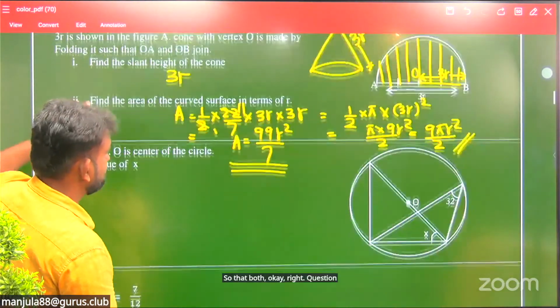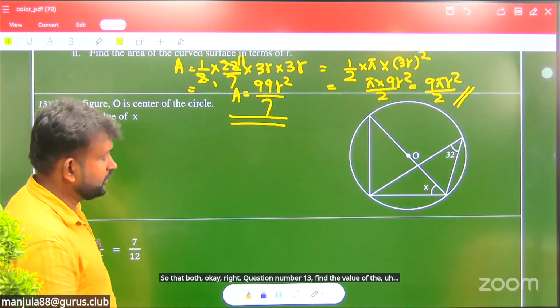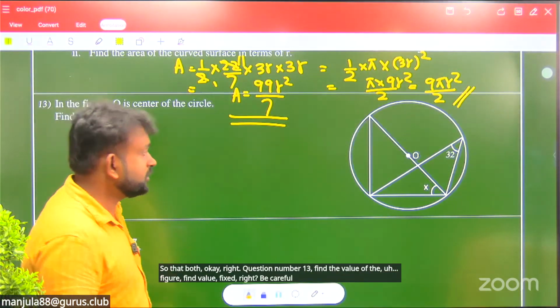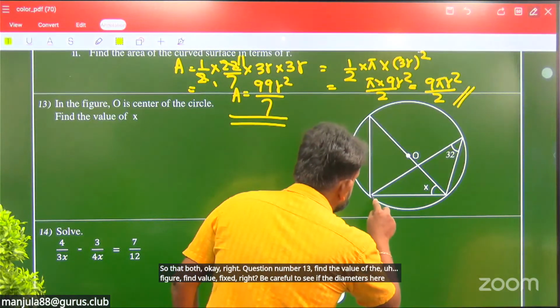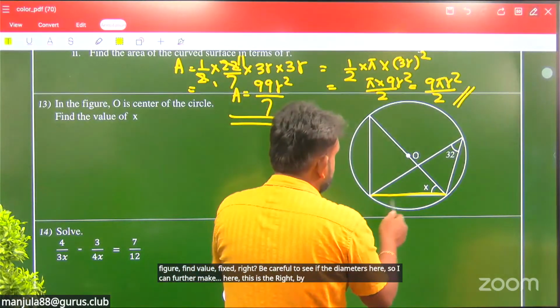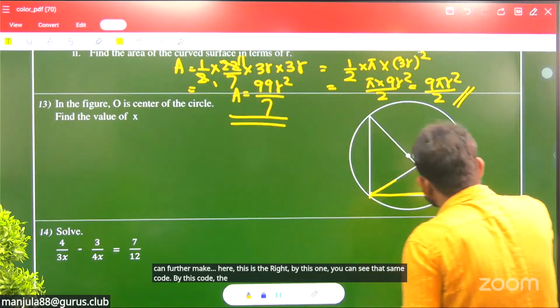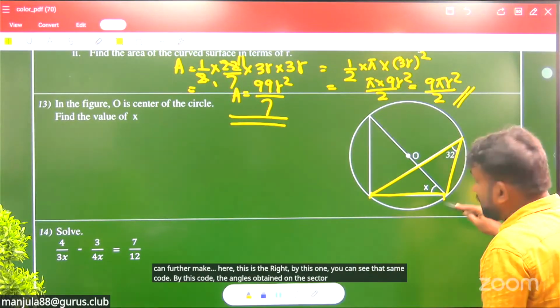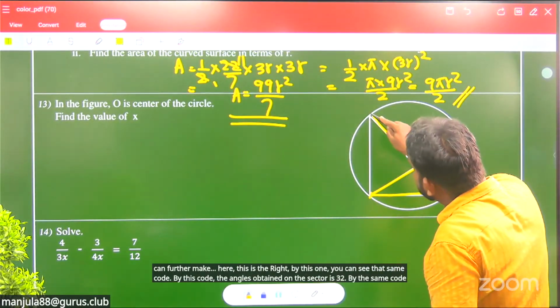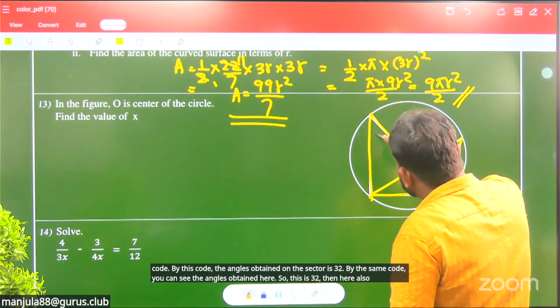Question number 13, find the value of x in the figure, right? Be careful to see the diameter here. By this chord, the angle subtended in the sector is 32. By the same chord, you can see the angle subtended here, so this is 32, then here also 32.